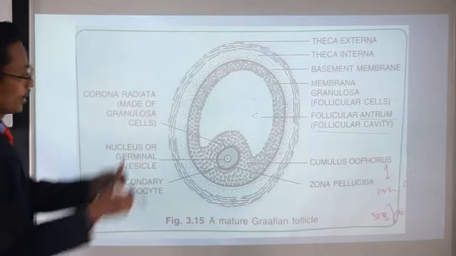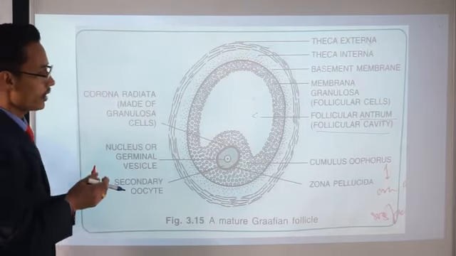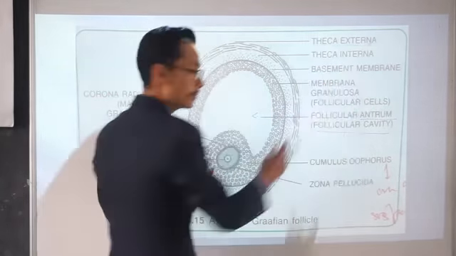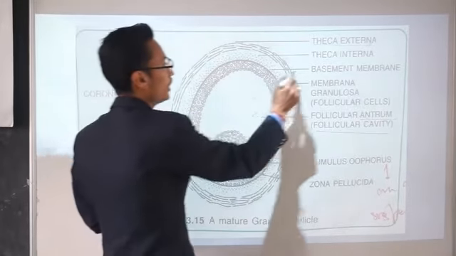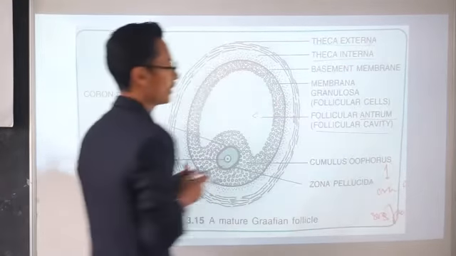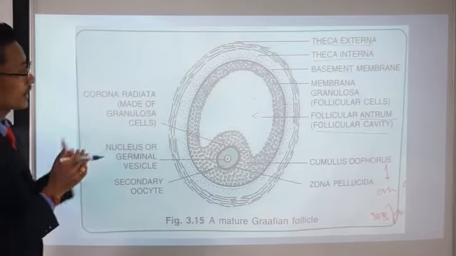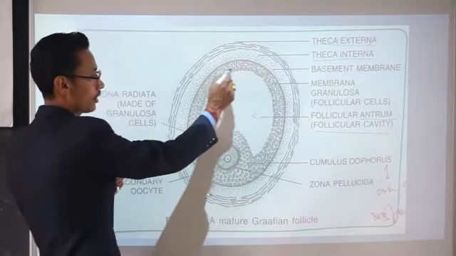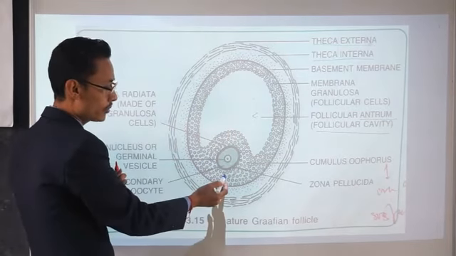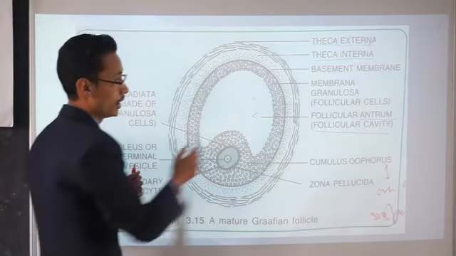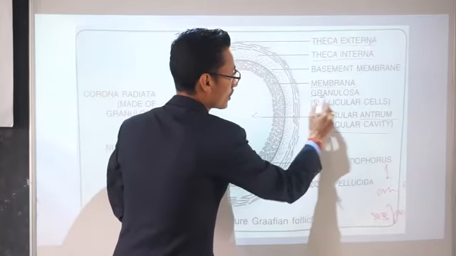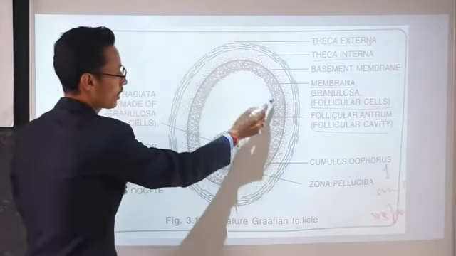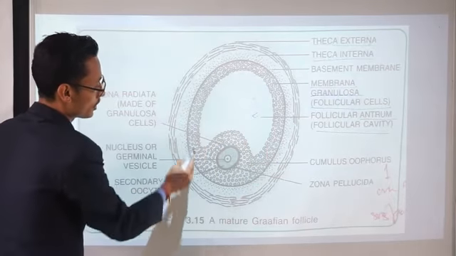And this antrum contains a liquid called liquor folliculi. Now, when we look into the structure of the Graafian follicle, we will find 2 layers. We call one the theca externa, externa meaning external part, and the inner layer called the theca interna. Second, we will find the follicular cells, where the ovum is suspended. We call them membrana granulosa cells, or follicular cells.